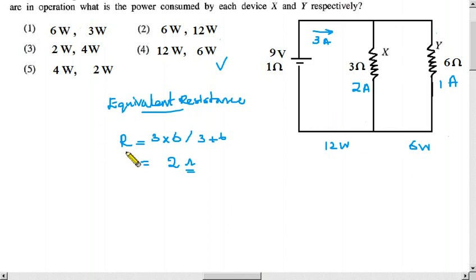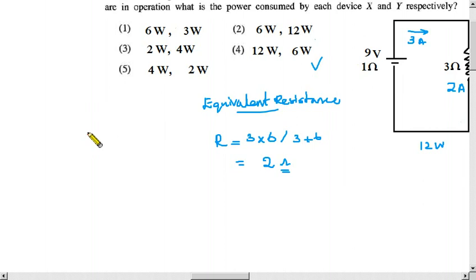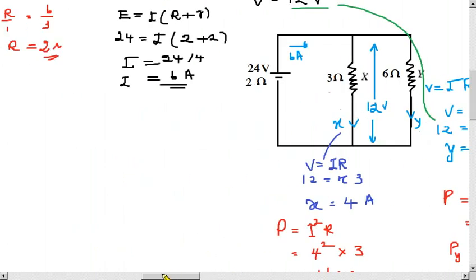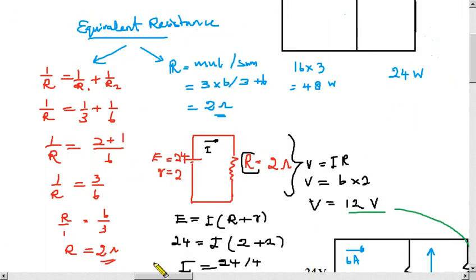Then I calculate the basic method. I think I don't have to do it because previously I did it, didn't I? The same values, so no need.